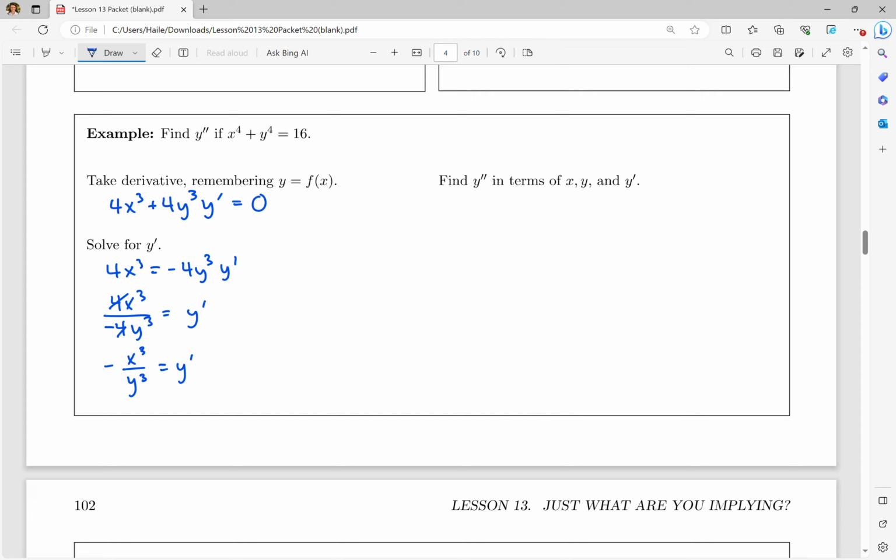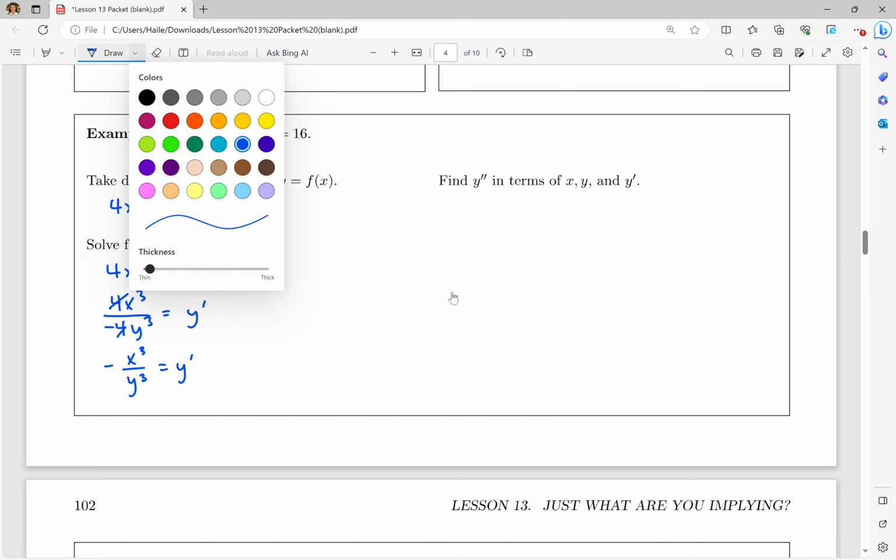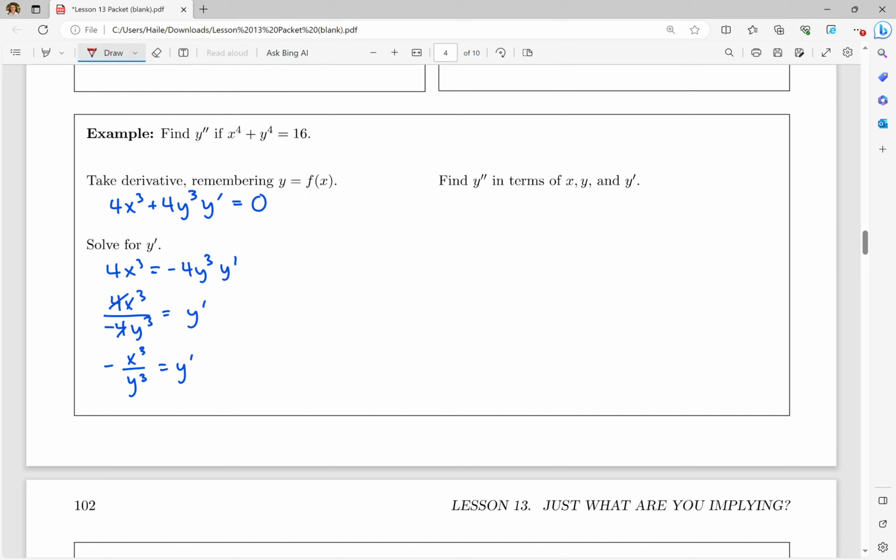Now I want to find y double prime. So there are two routes you could take for this problem. Maybe I'll do this in different colors so we know that it's not part of the problem, it's just me talking.